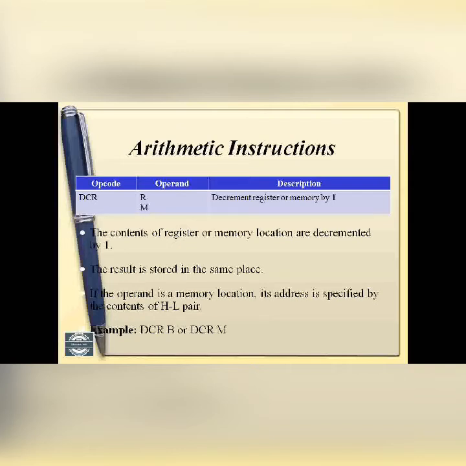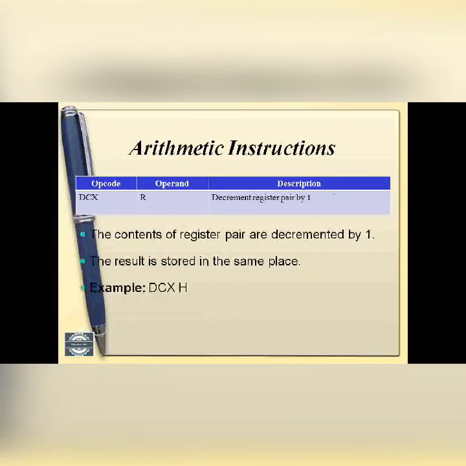INR is increment, DCR is decrement. Okay, I think it is clear. Now if it is DCX, that means decrement of register pair only. INX, DCX. I think it is clear right now. So up to this level was arithmetic.